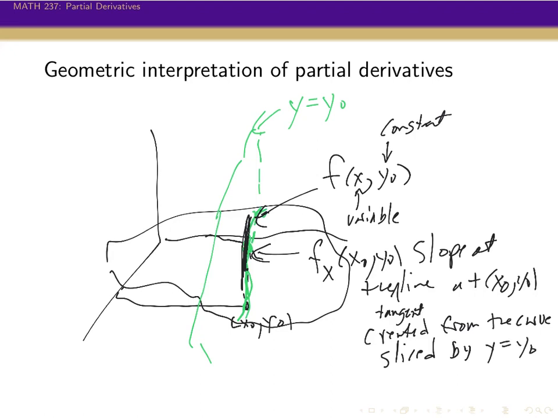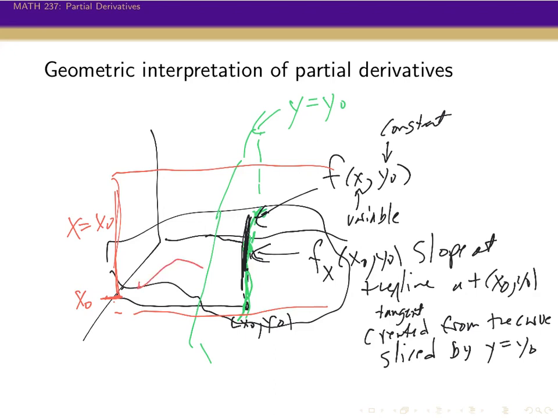Okay. And then, what's the partial derivative in terms of y? Well, then we're going to be fixing x naught. And so then take the plane x equals x naught. And so the plane x equals x naught in this case is going to be a flat plane parallel to your screen, cutting through.